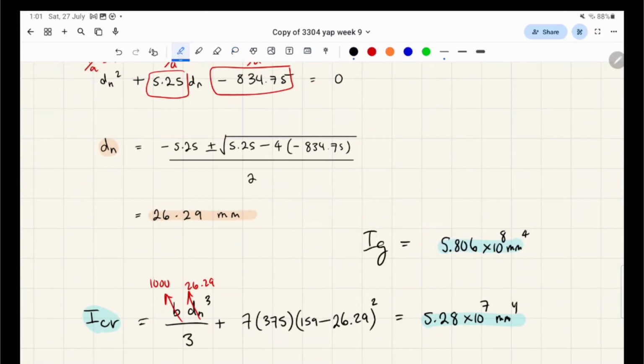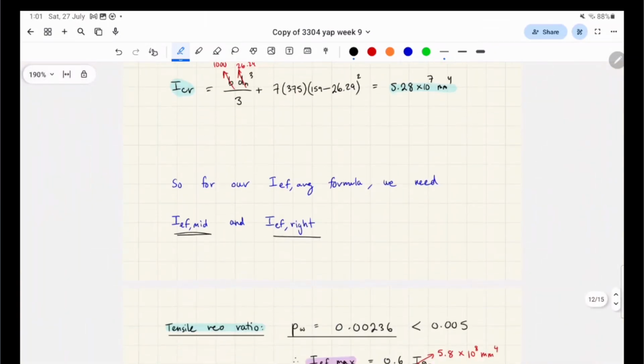What do you notice about these two numbers, I cracked and IG? Do they look fairly close together? They have a factor of 10 in between. Exactly. One is around 58, and one's 5.3 when you multiply them out by 10 to the 7.